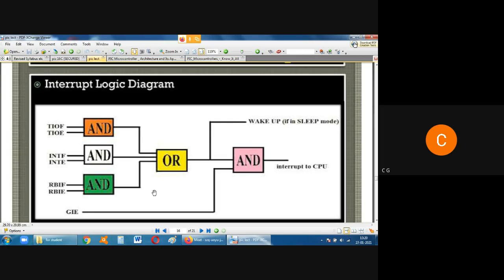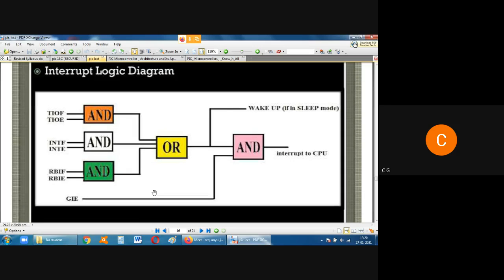That is the thing. So the interrupt logic diagram, this is what they have shown: T0IF, T0IE, INTF, INTE, then RBIF and RBIE. So these are the interrupts. There is an AND gate connected.